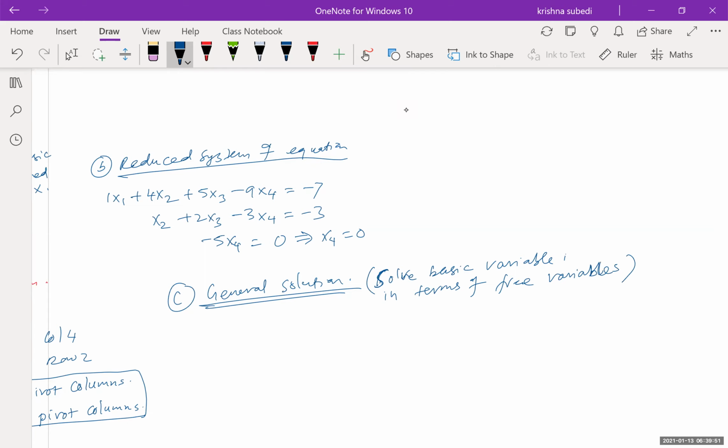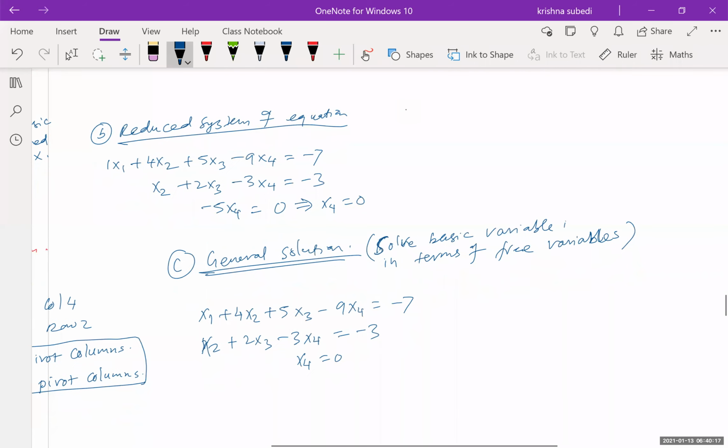Now you see x4 equals 0. Let me just copy that system of equations from part B, which is x1 plus 4x2 plus 5x3 minus 9x4 equals -7, x2 plus 2x3 minus 3x4 equals -3, and x4 equals 0.